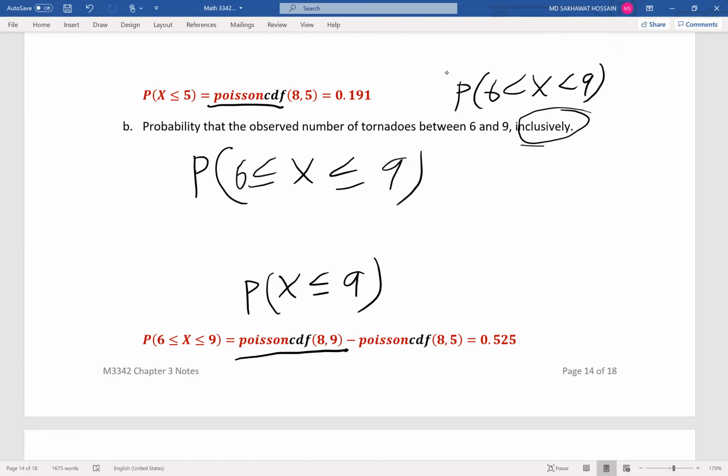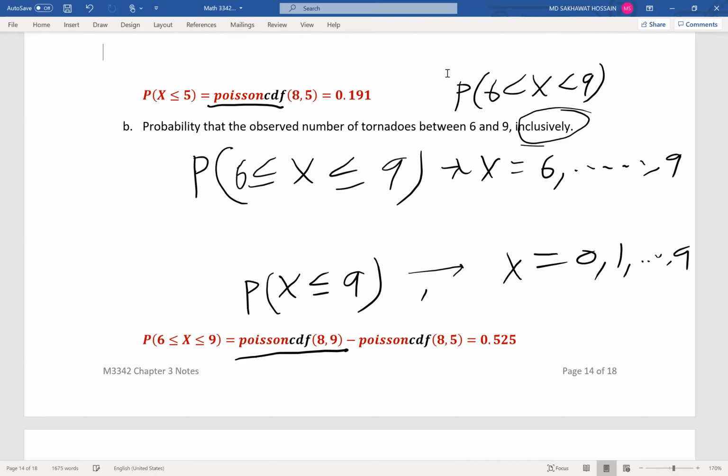So this one will give you the probability for x equal to 0, 1, up to 9. But here x is 6 to 9, so now we have to subtract some probability. We need 6 to 9, but we calculated the probability from 0 to 9.